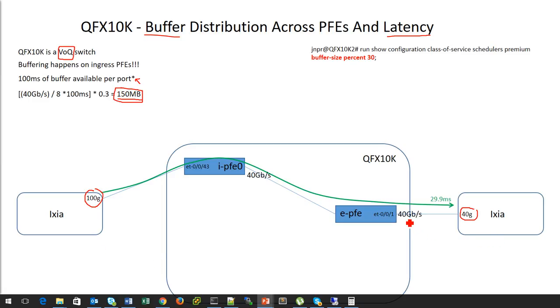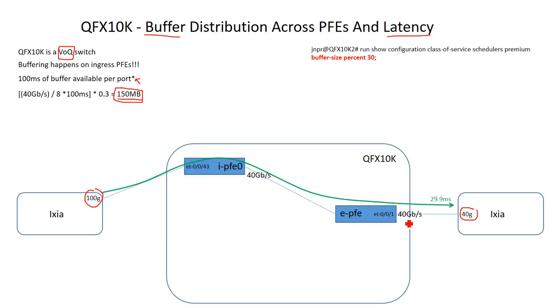We know that we are offloading with 40 gigabits per second on my egress port, but the drain rate of the ingress PFE is also 40 gigabits per second, and the current maximum latency is 29.9 milliseconds. So that all agrees, and this looks good.